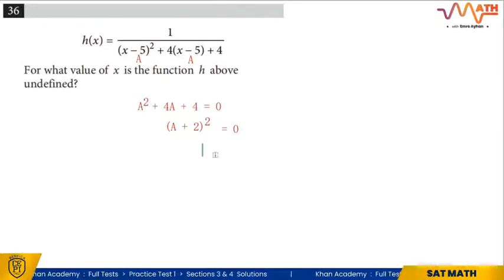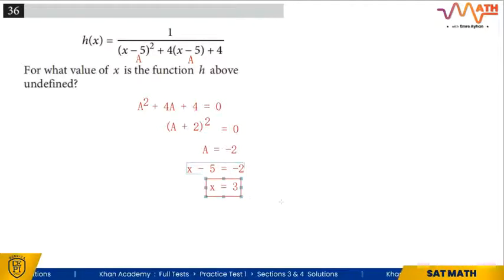Then a here will be negative 2. So when a is negative 2, we said a is x minus 5, right? So x minus 5 is negative 2. Then x will be 3. When x is equal to 3, this is going to be undefined, because when you substitute 3 for x, this quadratic expression will be equal to 0, then it's going to be undefined. So the answer is 3.